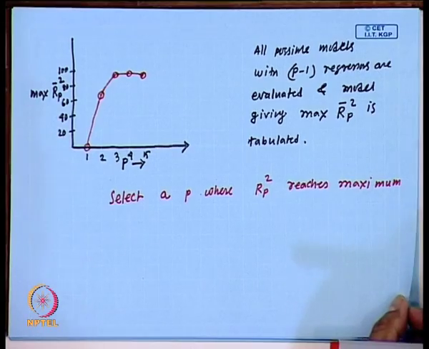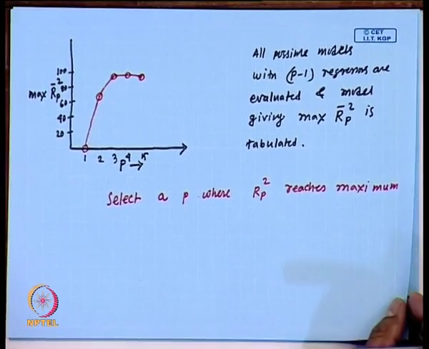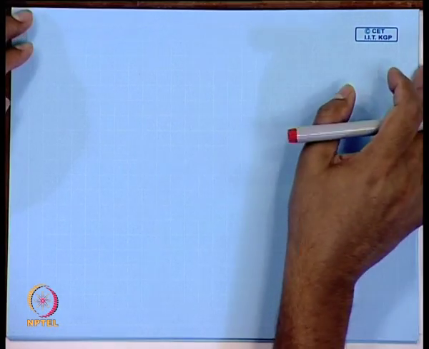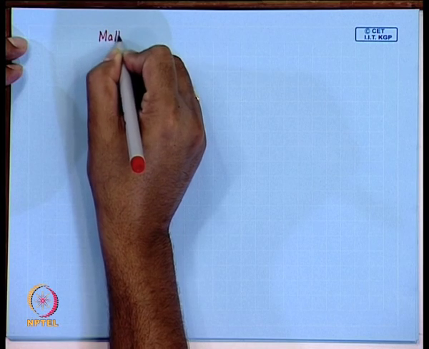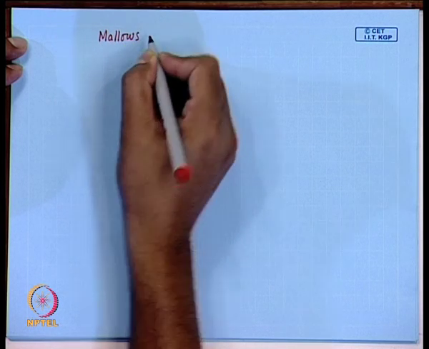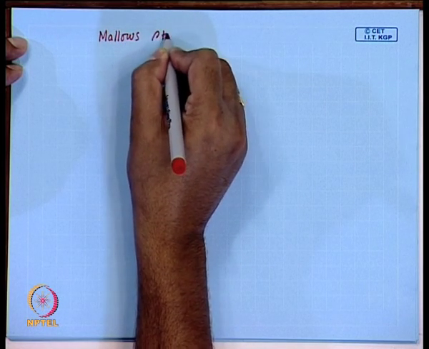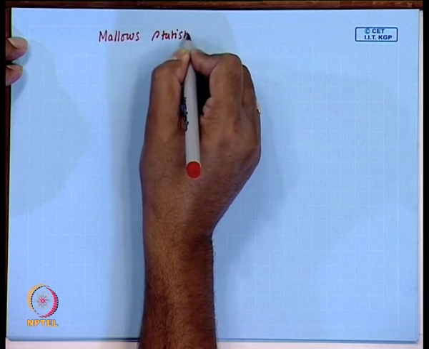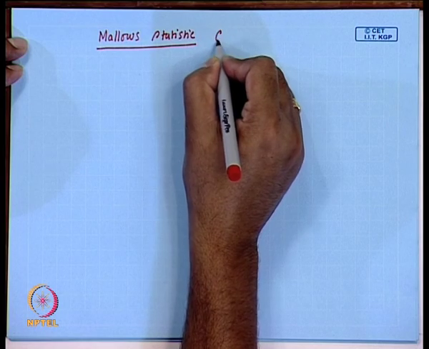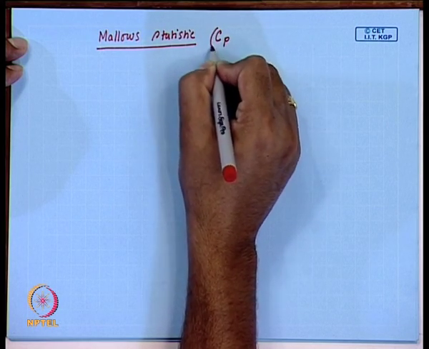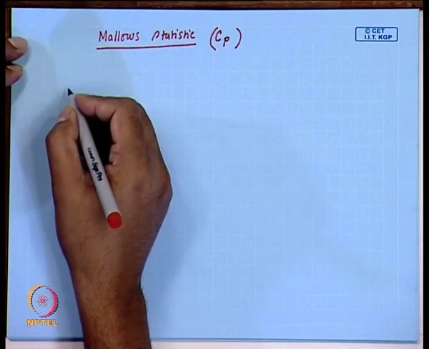Next we will be talking about one more criterion, that is called Mallow's statistic, and it is denoted by Cp. Okay.